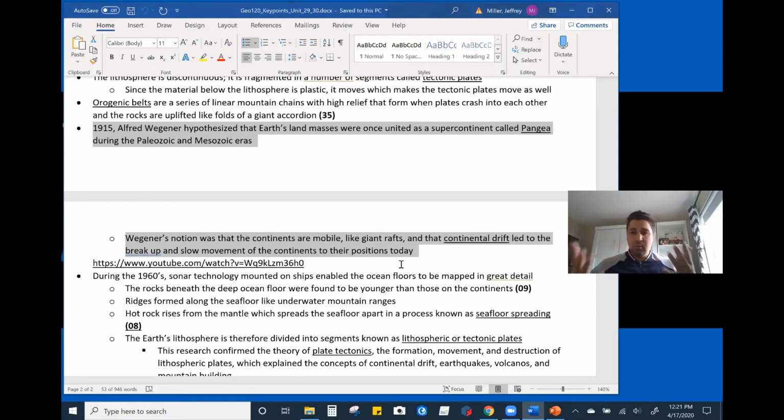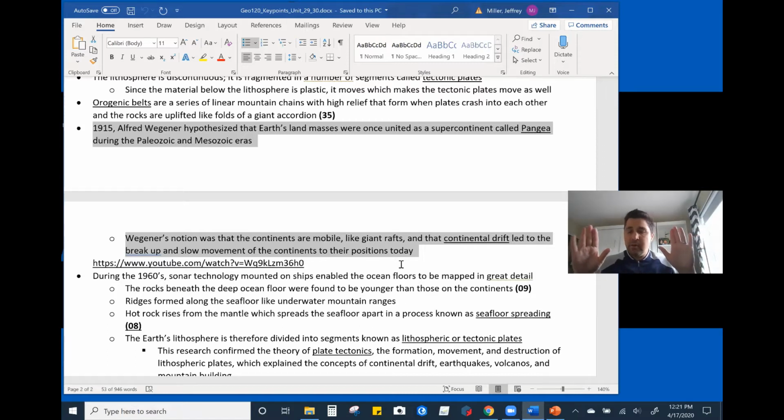And this whole notion that he's talking about is known as continental drift. Drift would be that they are slowly moving away from each other, into each other, side by side, whatever the case may be. The direction doesn't matter. We'll get into that in a minute here. And so this continental drift led to the breakup of Pangaea, okay, and it became a slow movement to where the continents ended up in their position of where they are today, okay?